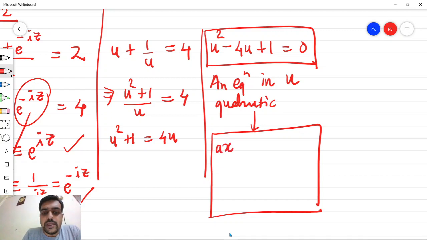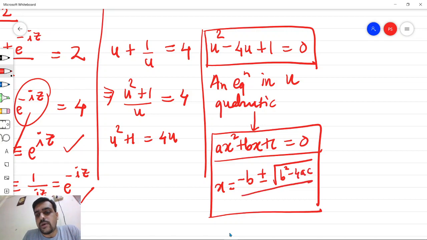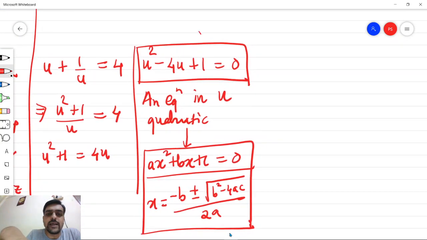For an example, let us take the general case ax squared plus bx plus c equal to 0. This quadratic equation has two roots given as x equal to minus b plus or minus root of b squared minus 4ac upon 2a. Now this rule can be directly applied here in case of u. We can see that in this case a is the multiplier of u squared, which is 1, b, which is the multiplier of u, is minus 4, and c, which is the lone constant, is equal to 1.